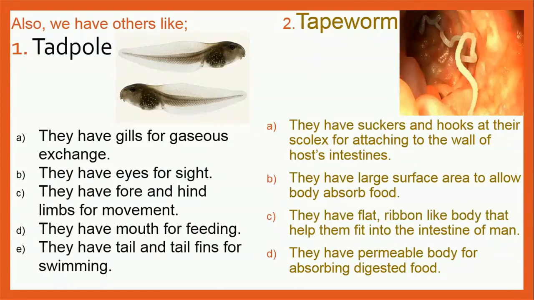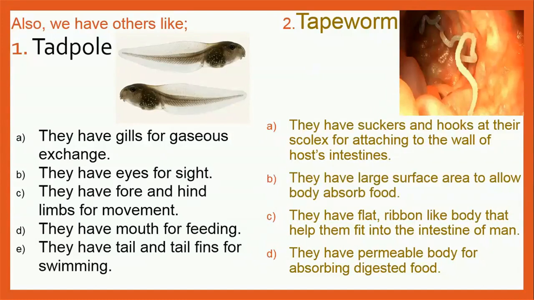What are the adaptive features that enable them to live successfully in the small intestine and obtain food from it? A here is that they have suckers and hooks at their scolex. The head of a tapeworm is called a scolex. It contains suckers and hooks, and they use it for attaching to the wall of the host intestine. It is not for sucking food. No, it is for attaching to the host intestine.